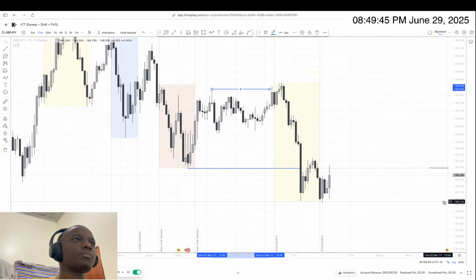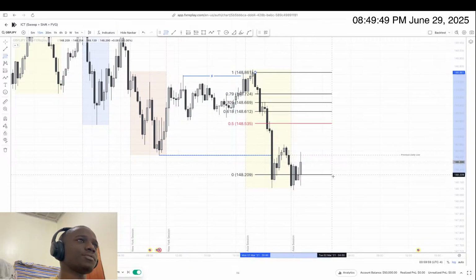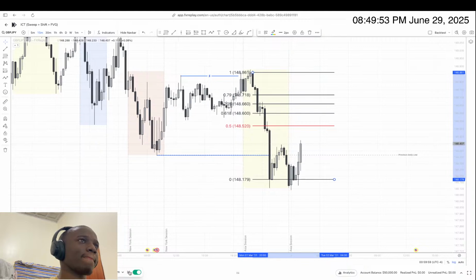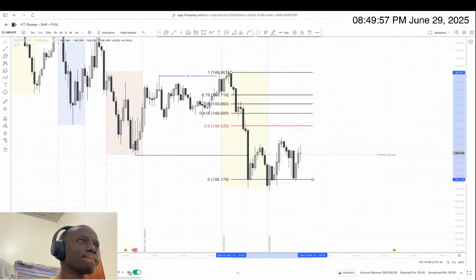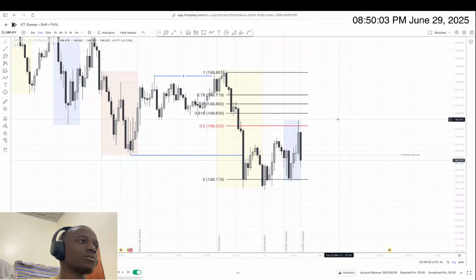So the only place for us to position ourselves is if we can retrace into at least this point there. Okay, you can see we tapped into this, into the discount.